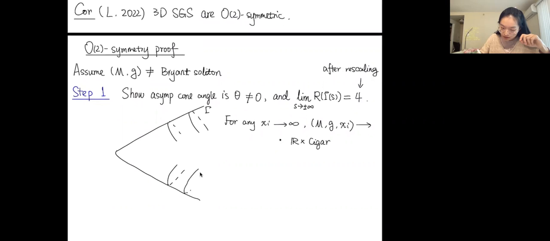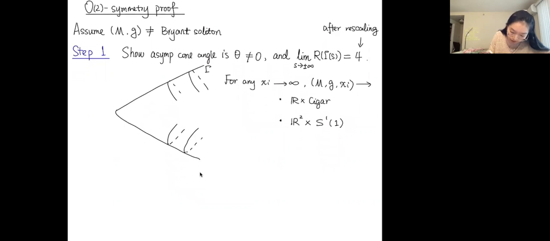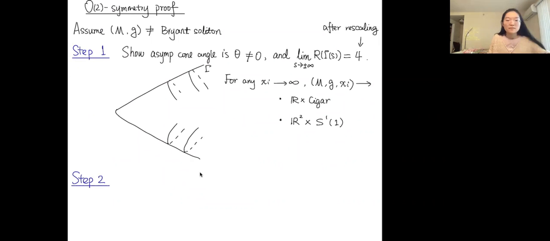If this sequence does not go away from gamma, then the first case happens. Otherwise, if it goes away from gamma, then we can show it converges to R2 cross S1, where this S1 has radius 1. So that's what I can prove in the first step. Then in the second step, we want to do some curvature estimates.